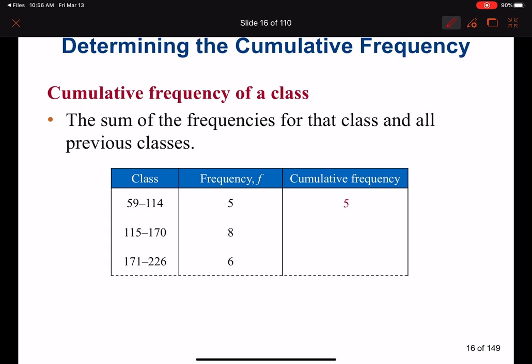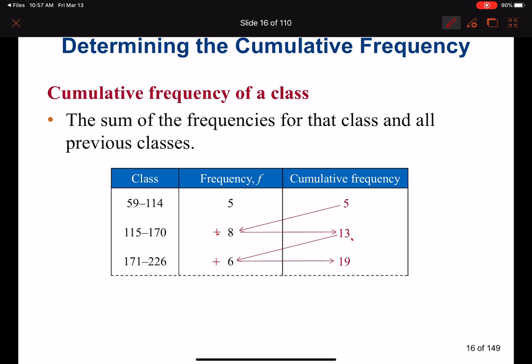Cumulative frequency. When do we use cumulative frequency? When, let's say, we want to know how many total GPS were sold between price 59 and 226. What do we do at this point? We take the first frequency, 5, and adding 8 gives 13.